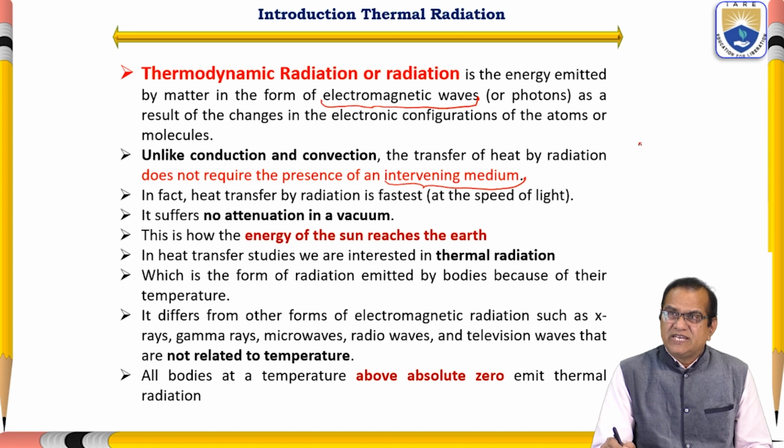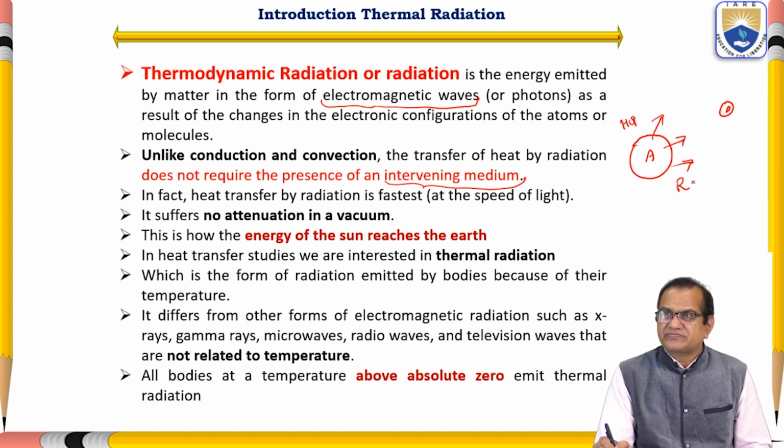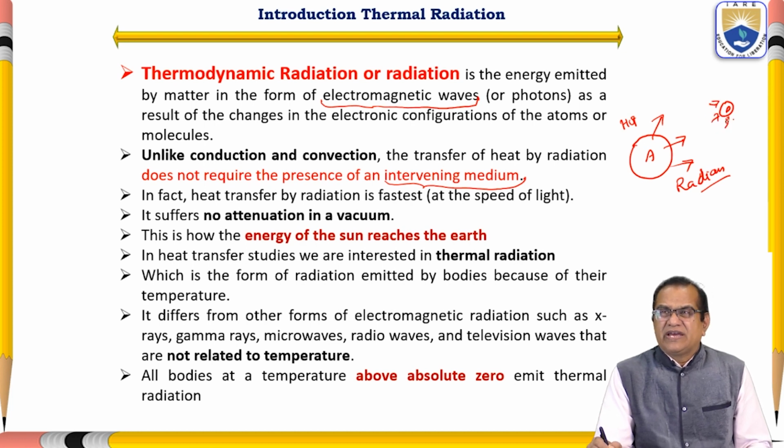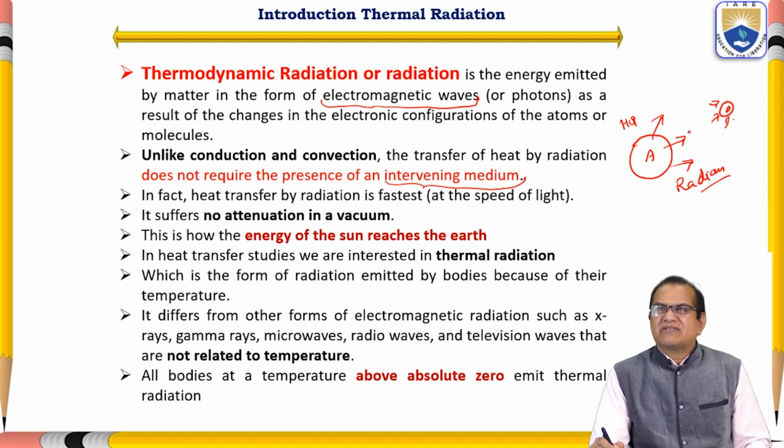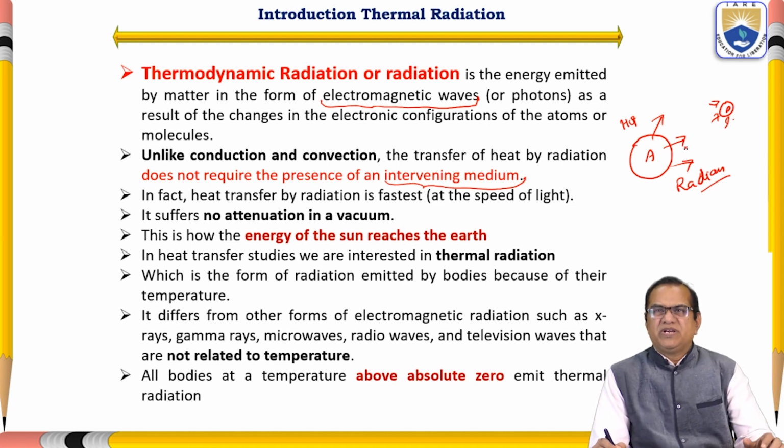So if there is one body A and another body B, and this is a hot body, it will emit the radiation, and it will reach the other body. It is not concerned whether you have a medium or not.